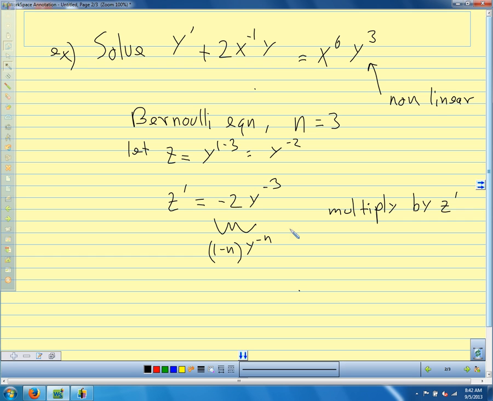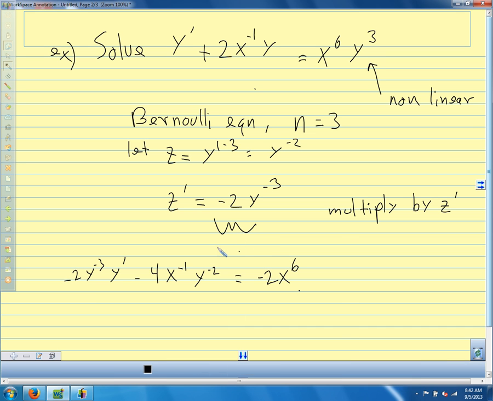So when I do that with my equation, I get minus 2 y to the minus 3 y prime, minus 4 x to the minus 1 y to the minus 2, and that equals minus 2 x to the 6th. You see how when we multiply through by this, the y term on the right hand side goes away. And I'm just going to make this a little smaller.